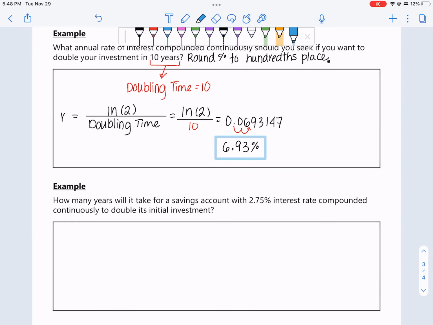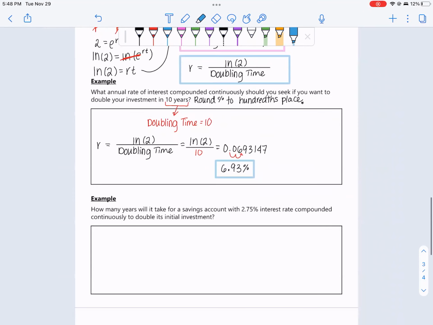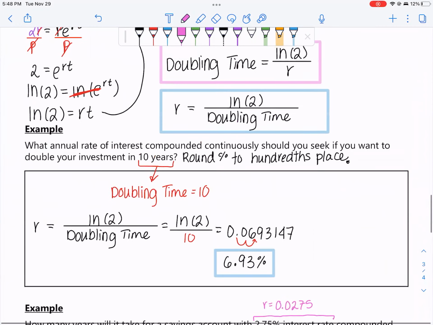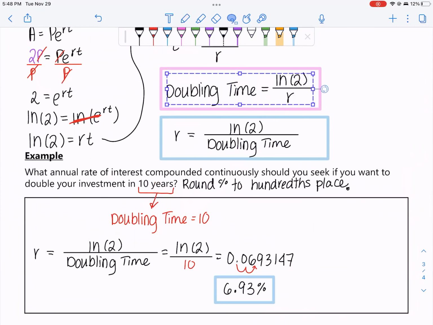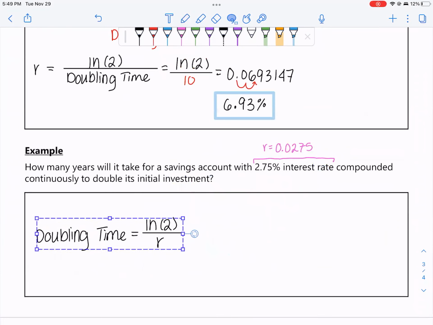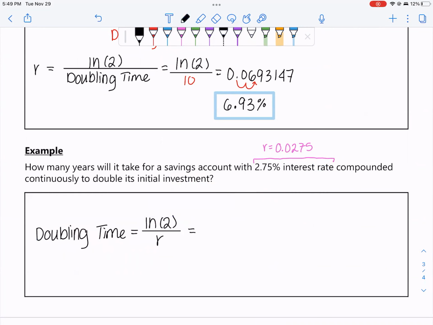I could ask the question, how many years will it take for a savings account with 2.75% interest compounded continuously to double its initial investment? Okay, so I have the r in this case. So r is equal to 0.0275. I'm going to use this formula right up here. So this is ln 2 all divided by 0.0275.